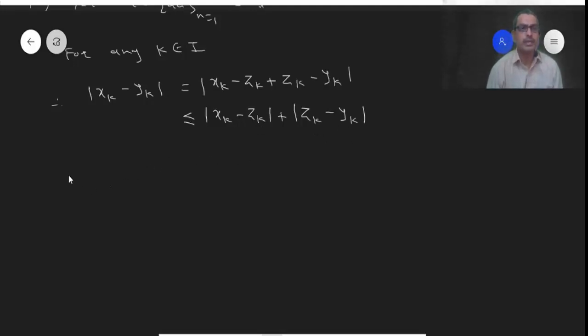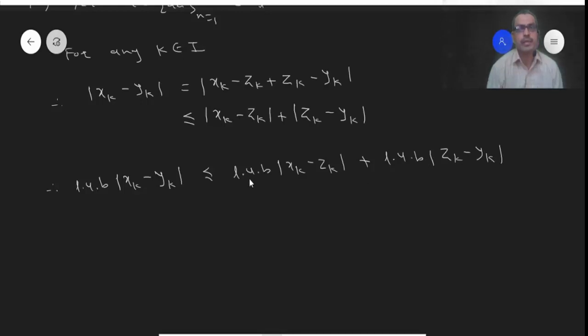Now taking the least upper bound on both sides, we have the least upper bound of mod xk minus yk is less than or equal to the least upper bound of mod xk minus zk plus the least upper bound of mod zk minus yk, where 1 is less than or equal to n is less than infinity.